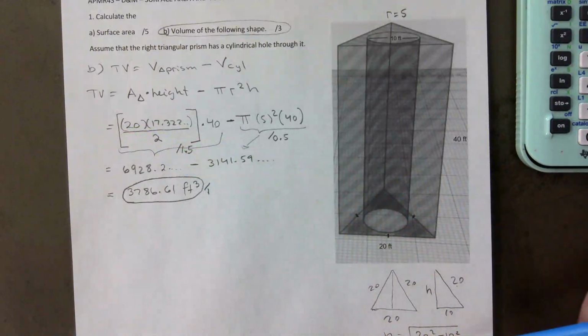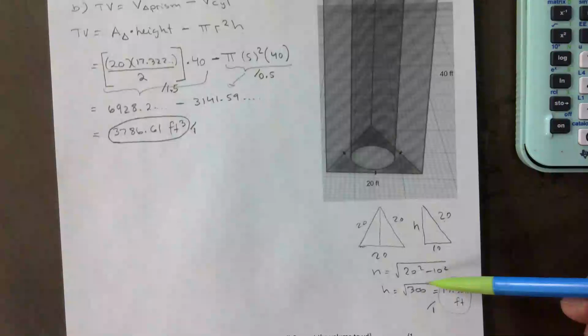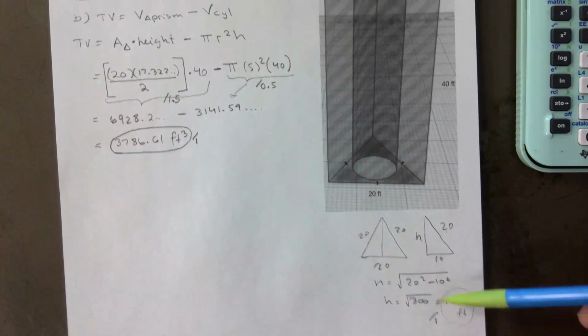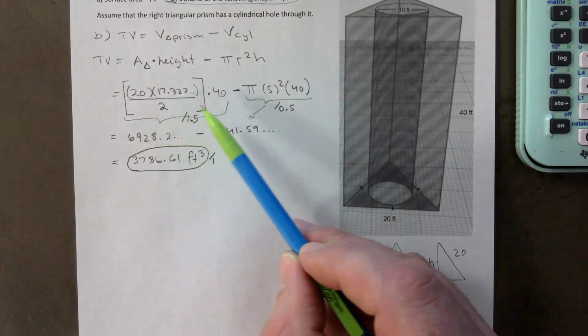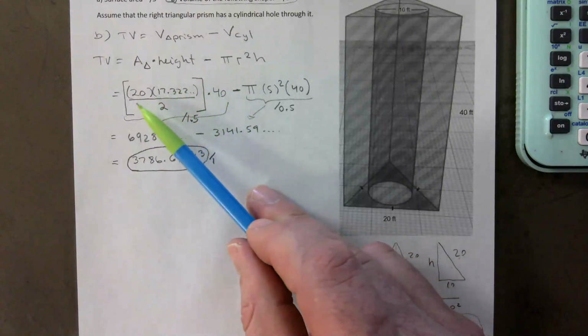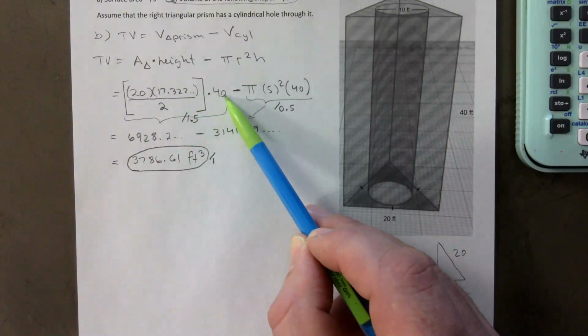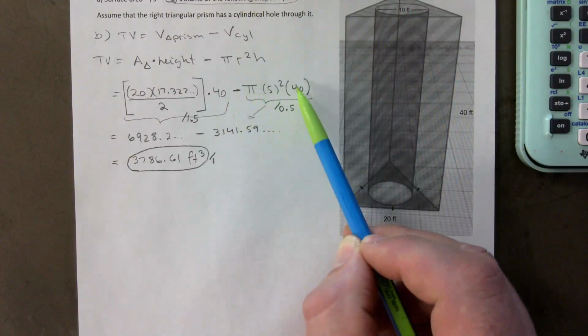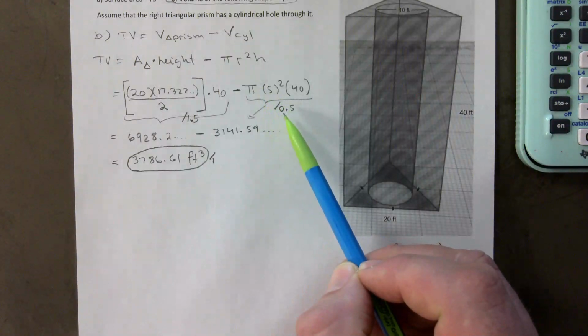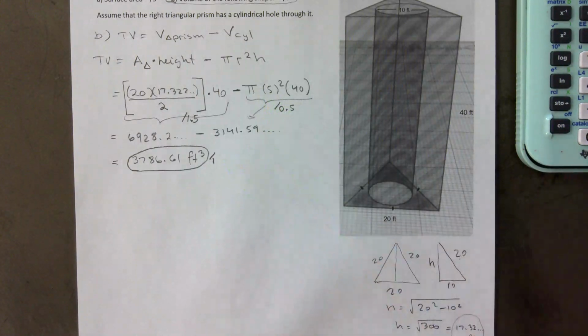So 1 mark for the height itself. That's way down here. 1 mark for the height itself. 1.5 marks for you bringing in the area of a triangle, multiplying that by 40, gives you the volume of the whole triangular prism. You subtract this, just half a mark here, and then 1 mark for the final calculation.